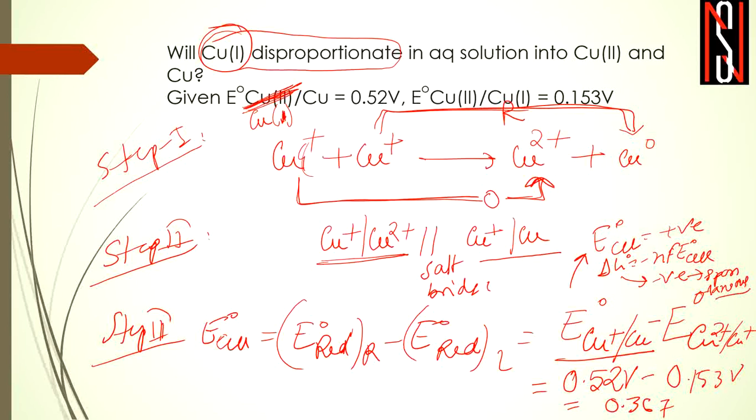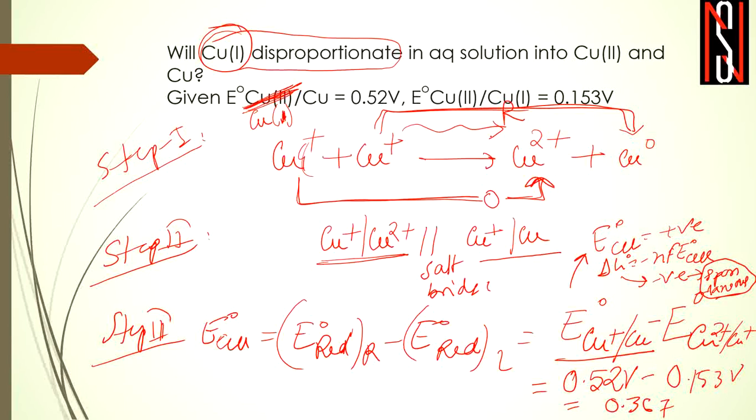So as this process would be spontaneous, the equilibrium will be shifted to the right hand side, or you can say that definitely Cu1 will disproportionate in aqueous solution into copper 2 and copper, or the disproportionation reaction will be preferred, or copper 1 will undergo the disproportionation reaction.